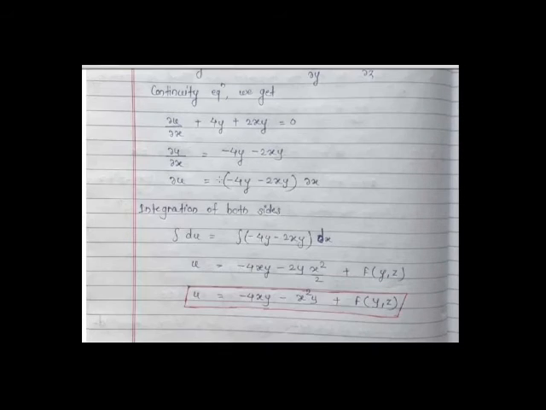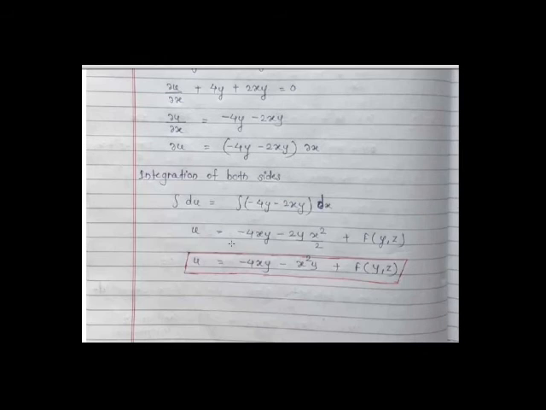minus 2xy² by 2 plus a function of y and z, because here the two velocity components are given as v and w. These are the velocity components in the y and z direction, so the constant of integration will be a function of y and z.